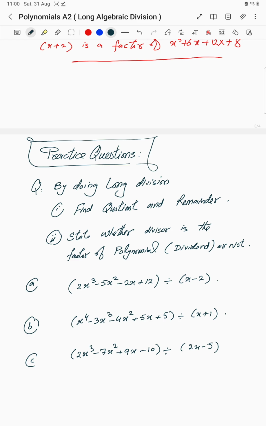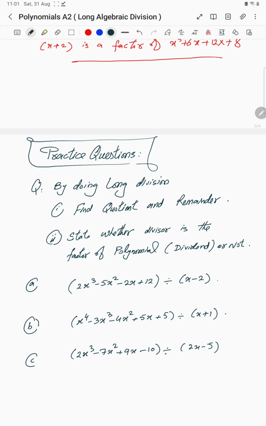As we discussed in the lesson, the remainder must be 0 to justify that one polynomial is a factor of the other. So you need to divide it and the remainder must be 0.